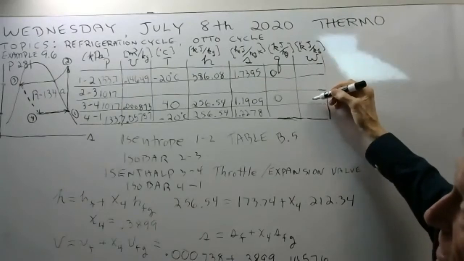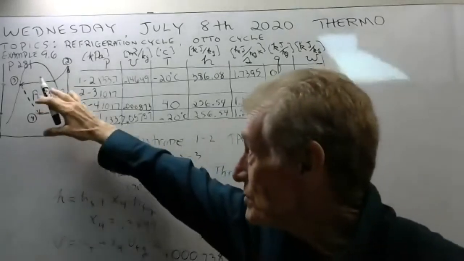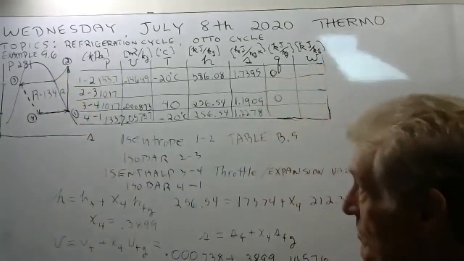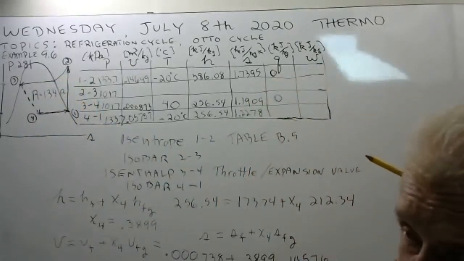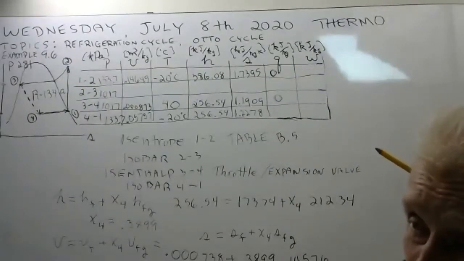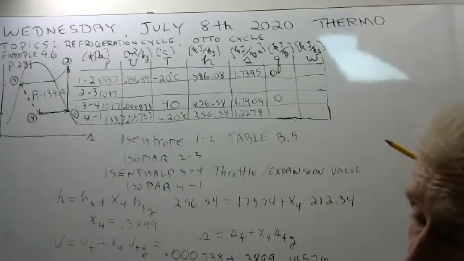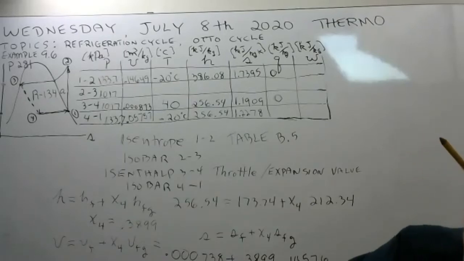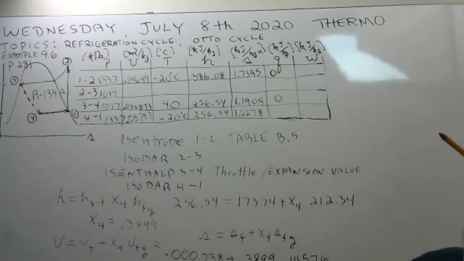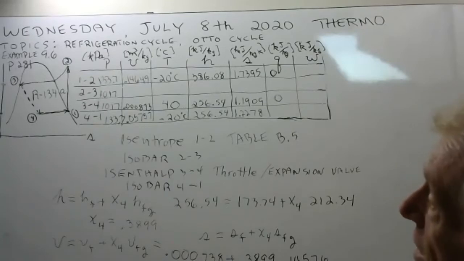Nope. See, going from 1 to 2 is a compressor, and compressors require work input. They don't run very good if you don't input, well, it's a power input. See, power is work per time. But you tried.